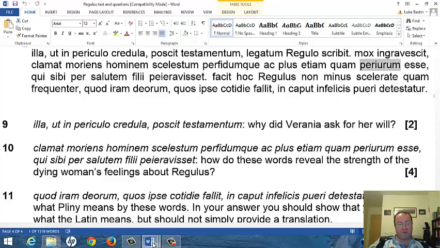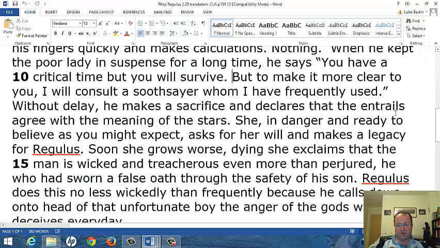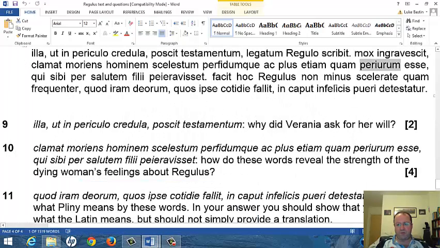Okay, again, if we go back to your English, I think there is an instructive point here. Even more than perjured. Yeah, okay. So perjurum is an adjective as well. Okay. So if we go back, these are all adjectives describing Regulus. Okay, there are 3 of them.